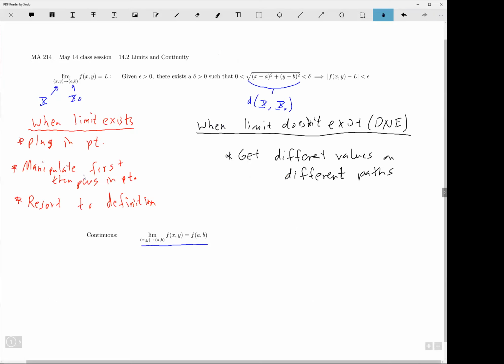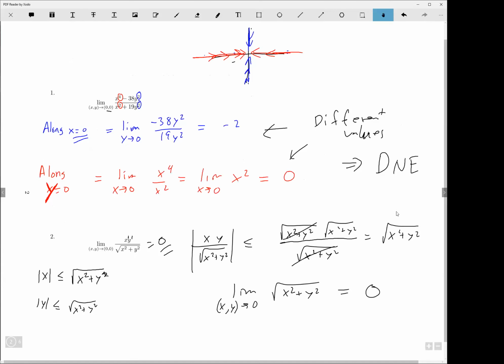And so maybe what I should say is, instead of using the limit definition, another option would be some sort of a squeeze, or some kind of a comparison to another function with another limit. That's sort of what we did there. Okay, but you can also pivot and use this argument here for doing the limit.